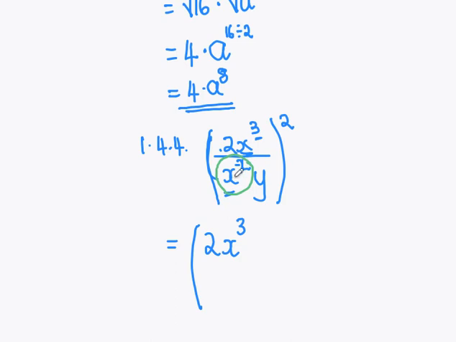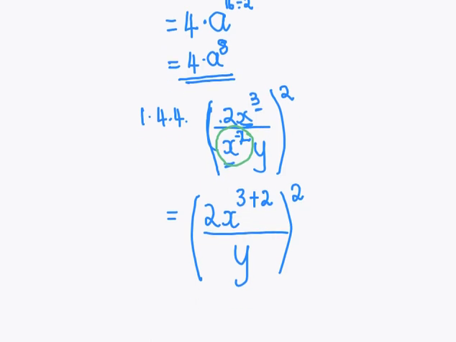Remember, when you move anything from the bottom to the top, the exponent changes sign, in the same way that when you move it from the top to the bottom, it will change sign. So this is a minus 2 at the bottom. When it gets there on top, it will be a plus 2. Everything over y to the power 2.